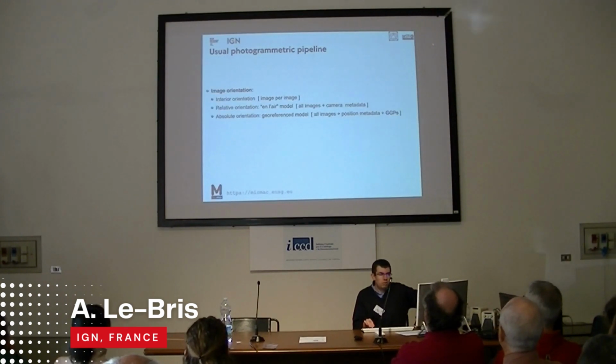So we decided to use a usual photogrammetric pipeline, first performing interior orientation, image per image, then performing relative orientation to obtain an end-layer model involving all images, using metadata associated to the camera, that is to say focal length and approximate calibration, and then performing absolute orientation to obtain a georeferenced model. This time we will also use all images and the coarse positions provided by image metadata, but we have no ground control points to do this.